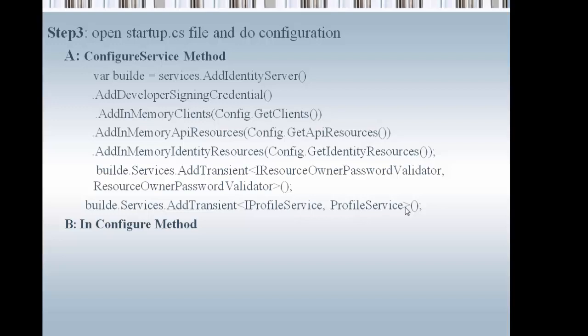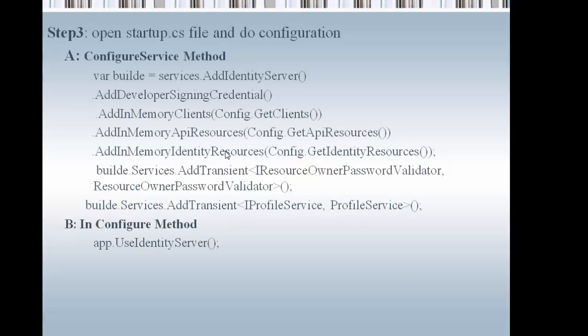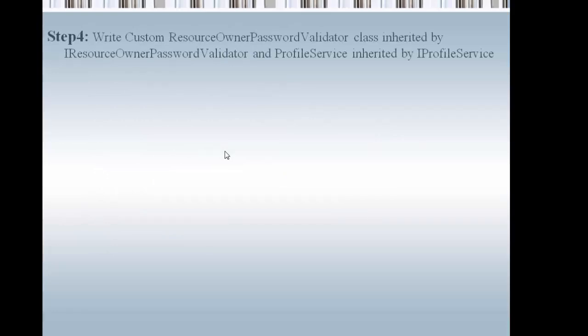After injecting these services, the ConfigureServices method is finished. Now go to the Configure method in the Startup.cs file and write only a single line, app.UseIdentityServer. That finishes the configuration of Startup in Identity Server 4.